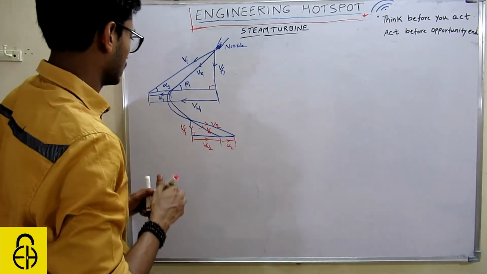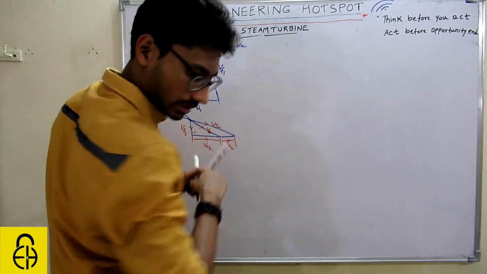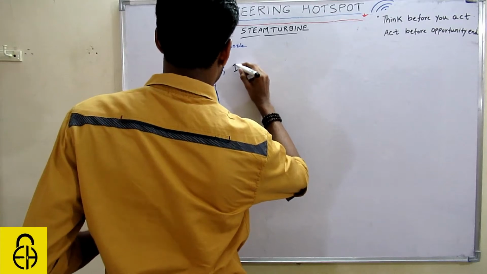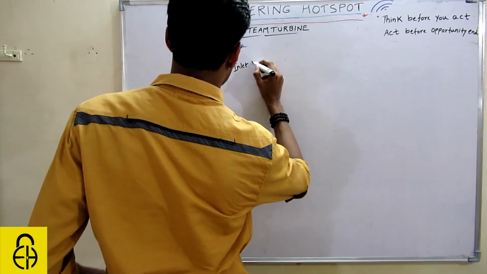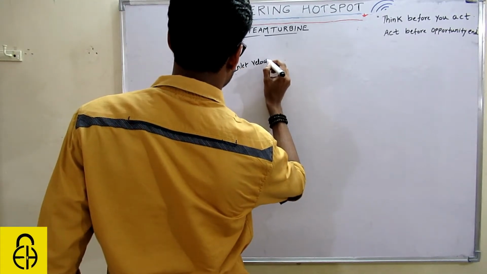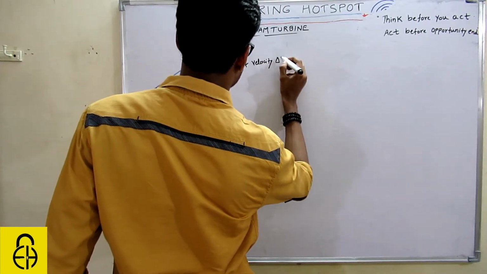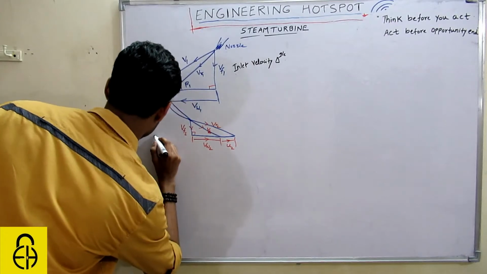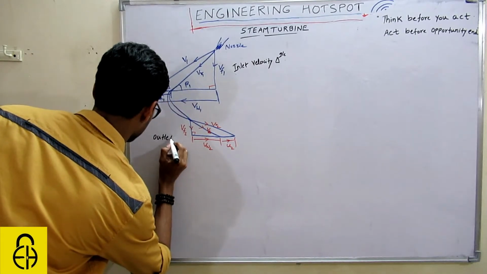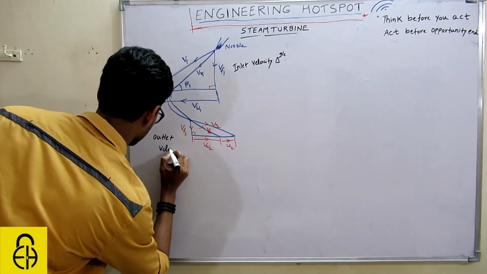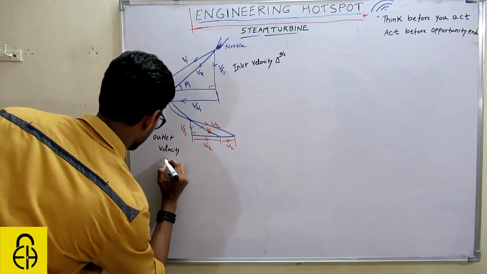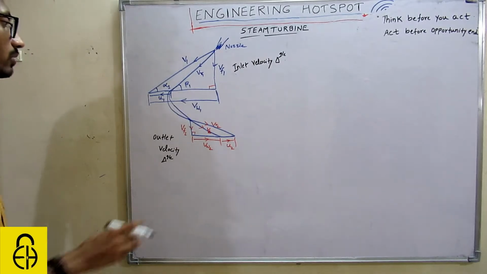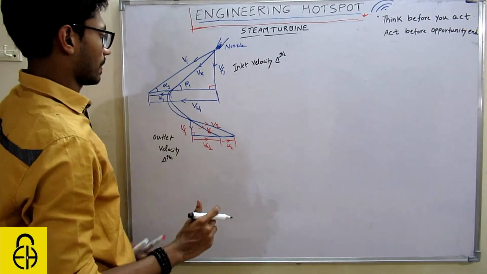Now, this is called the inlet velocity triangle, and this will be your outlet velocity triangle.